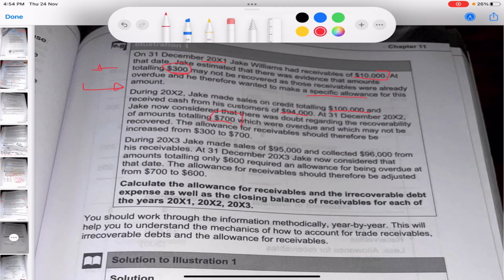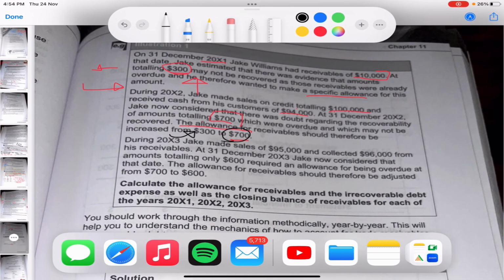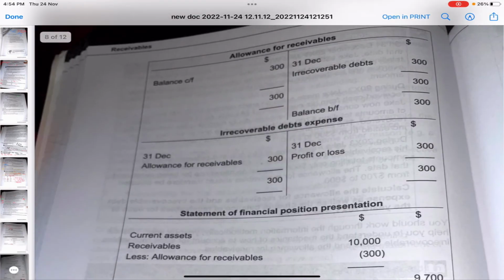Okay, so now he wants to increase the allowance to 700. Earlier he had an allowance of only 300. Now he would want to increase it to 700. So 300 was already there. So by how much do we have to increase the allowance? 4, 5, 6, 7. 400. 700 minus 300 is 400. So it's going to be 400 now, right?